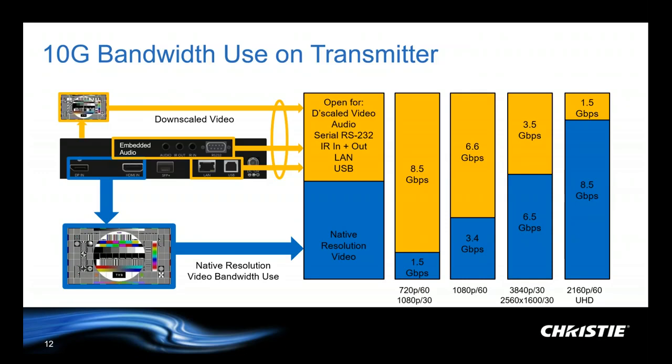Now that downscaled version, stream 1, is published on the network, and that can be subscribed to by different multi-viewers on different receivers at the same time, so long as the downscaling stays the same on all the receivers. So the size that you're using, the physical size in pixels on all the receivers, is identical for that particular source.